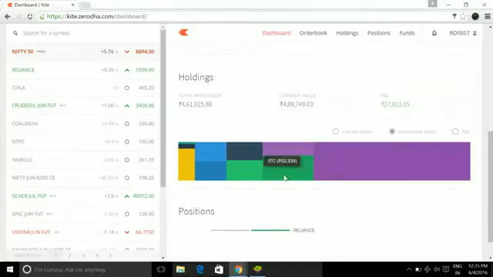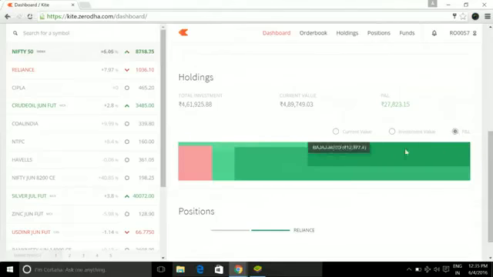For example, in ITC, I bought stocks worth 52,339. If you click on current value, you can see it's actually up 7,000 rupees. The total PNL on this portfolio is 28,000. You can also see just the PNL piece, which is quite cool. You can see the biggest stocks which have made you profits, and the biggest stocks that have caused you a loss, right?